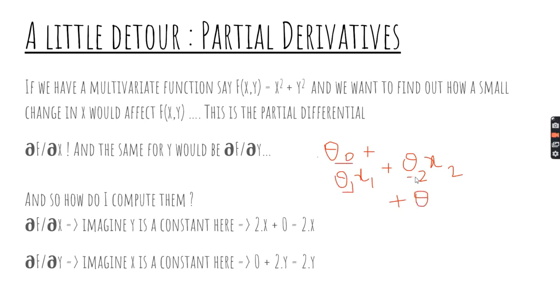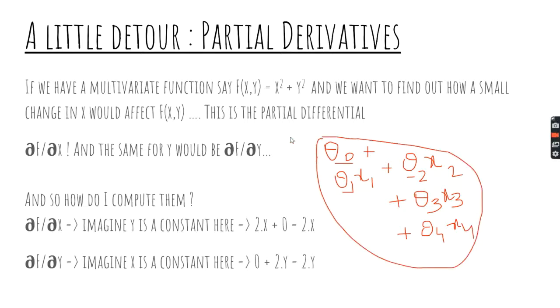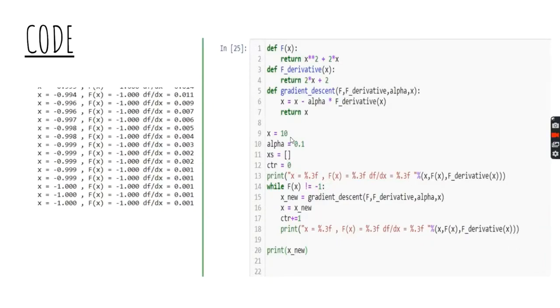You have θ0, θ1, θ2, and θ3, and we have 4 features: sepal length, sepal width, petal length, petal width. So compare this expression with the one that we worked on.